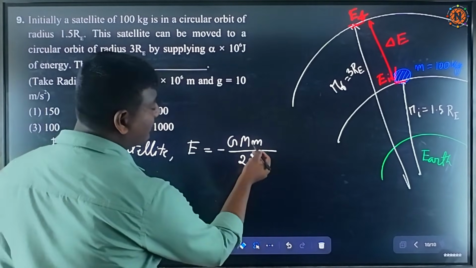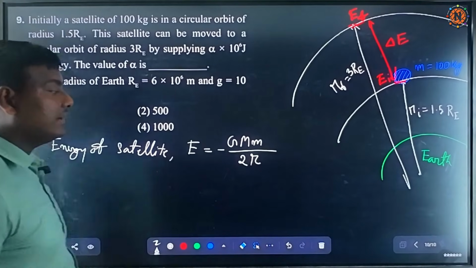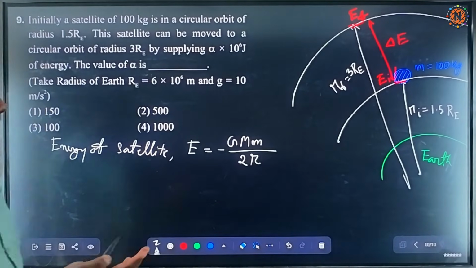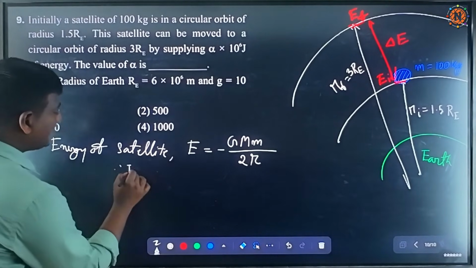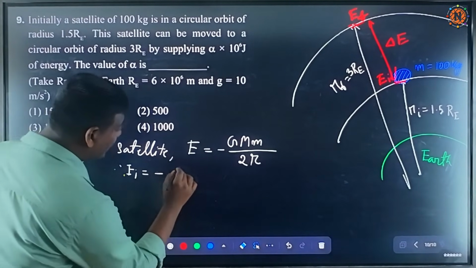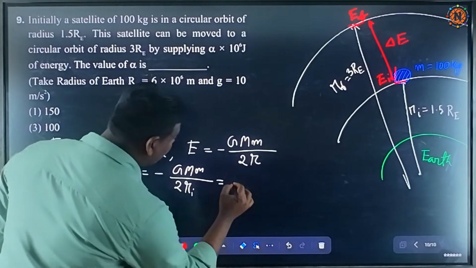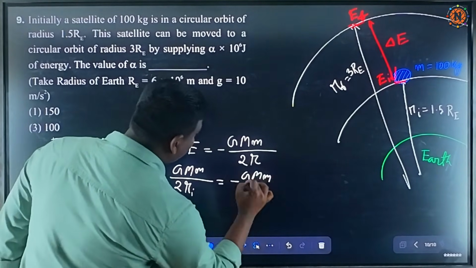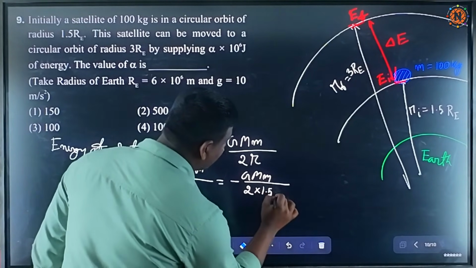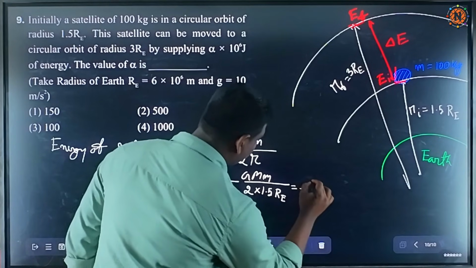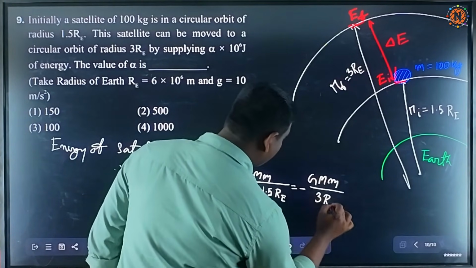M is the mass of the earth, small m is the mass of the satellite, and r is the distance of the satellite from the center of the earth, or it can be written as the radius of the circular orbit. Therefore initial energy can be written as E initial equal to minus GMm divided by 2r initial, and that is minus GMm divided by 2 into what is r initial? That is 1.5 Re, that is nothing but minus GMm by 3 Re.